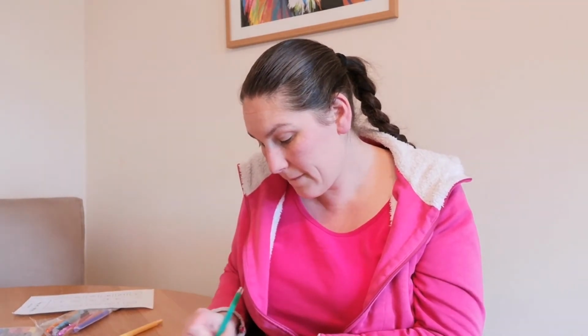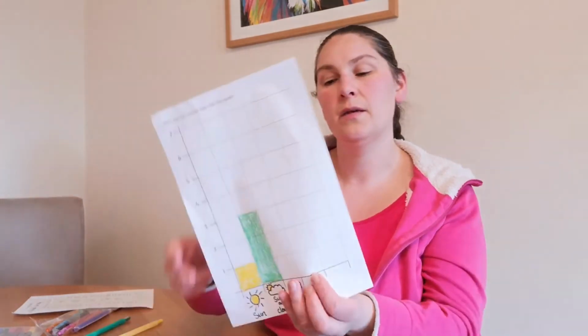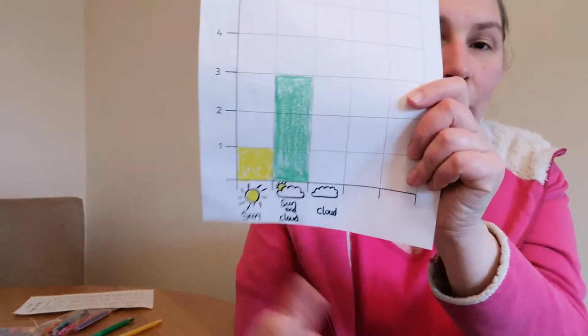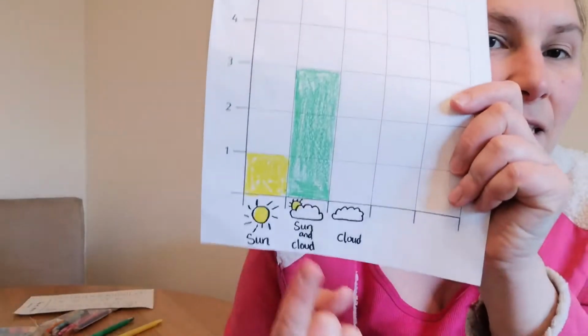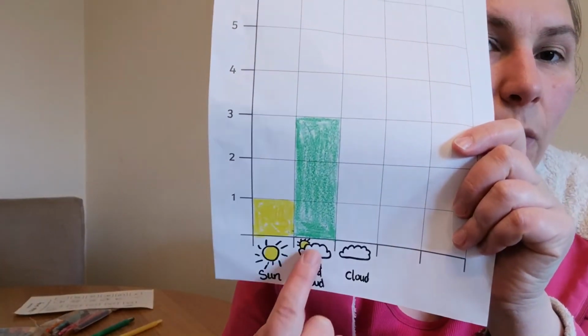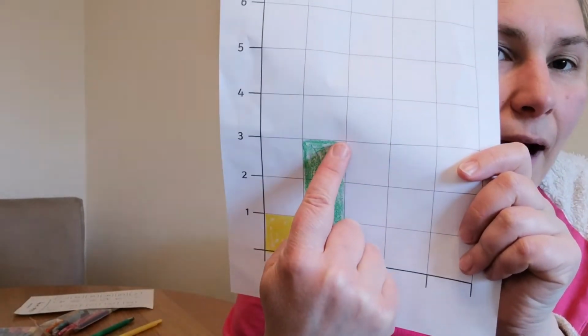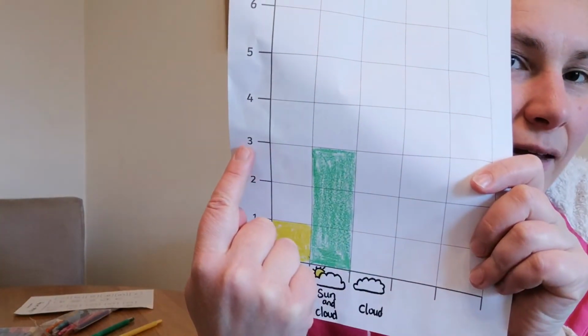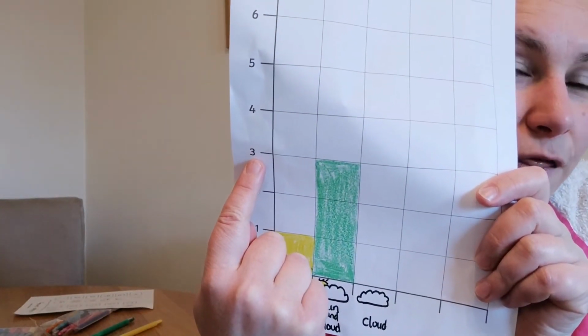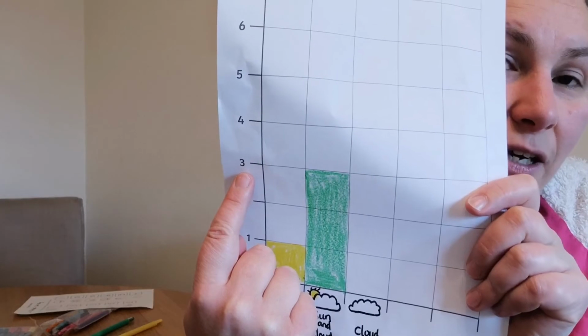So I've got green for my clouds and my sun. There we go. So there we go, if we look along. So how many days did we have cloud and sun? Here it's here, so we'll go up, up, up, up, up, up, and along the top of that line till we see, oh, we had 3 days of cloud and sunshine.